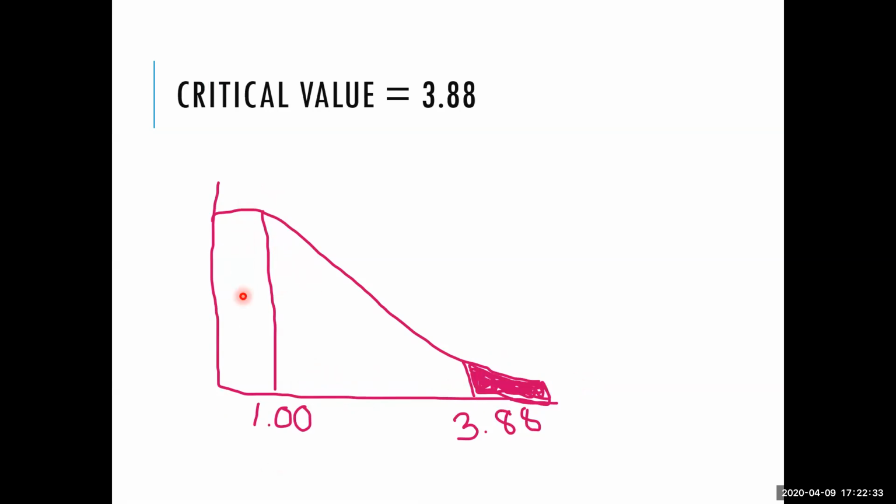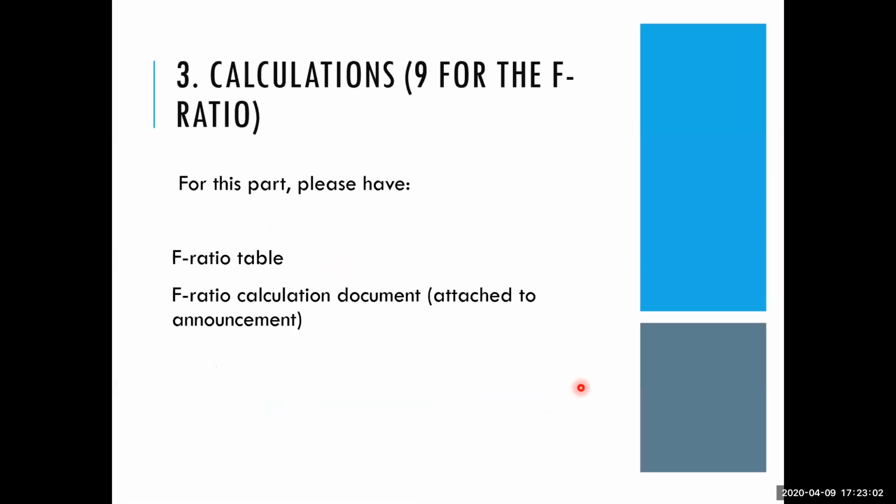When we have an F value that's close to 1, it's more likely that we're going to retain the null hypothesis, which is of course what we don't want to do. So the larger the F ratio is, the better. In this case, our critical value is 3.88. So we hope that our final F ratio, after our calculations, is going to fall somewhere in this critical region.